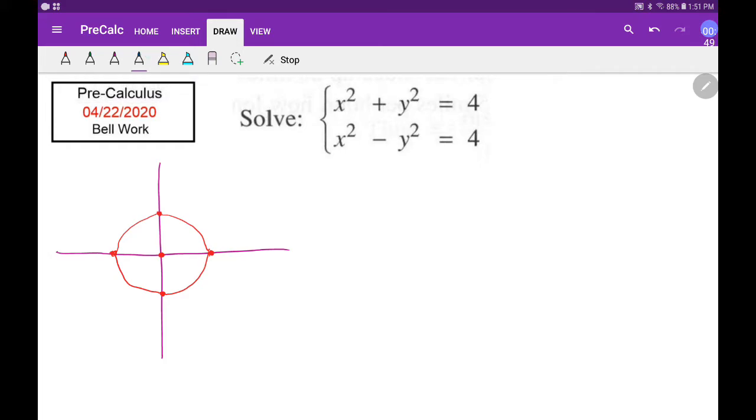Okay, so we also know that this is an ellipse that just doesn't look quite right. So if we divide both sides by 4, then we realize that A is equal to 2 and B is equal to 2.